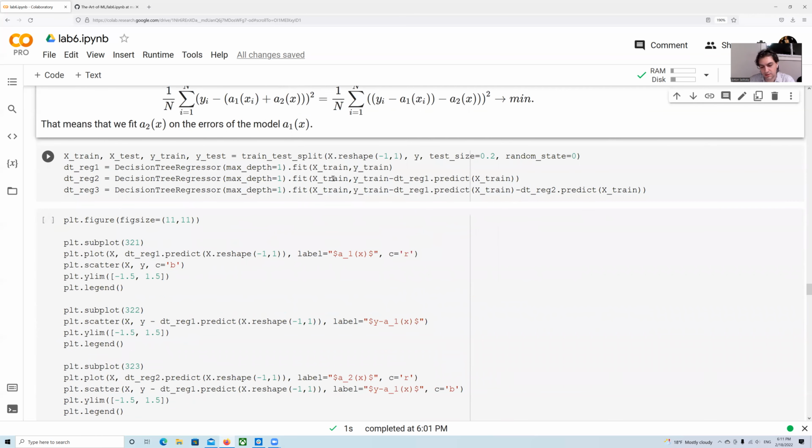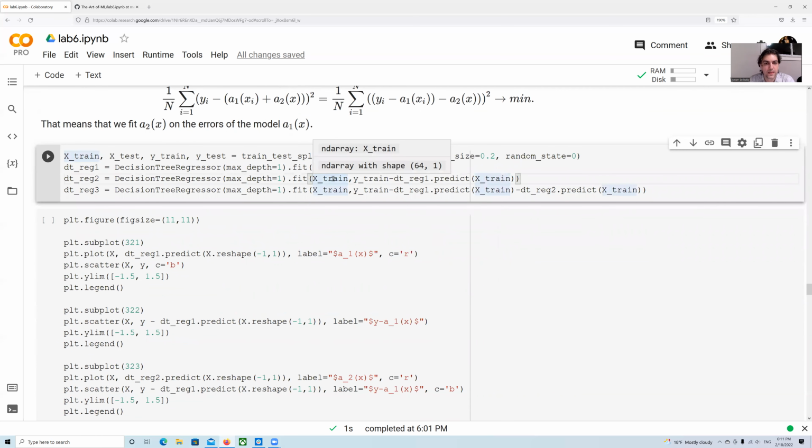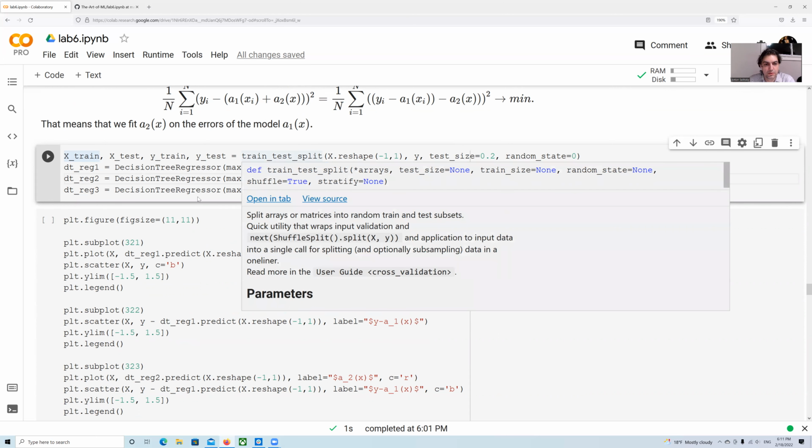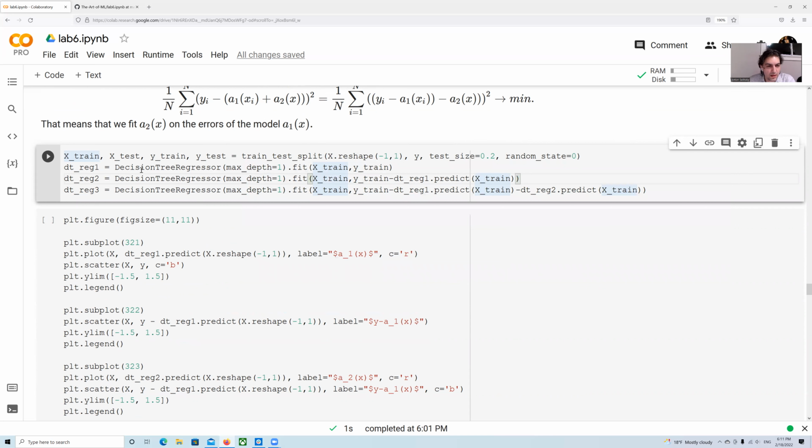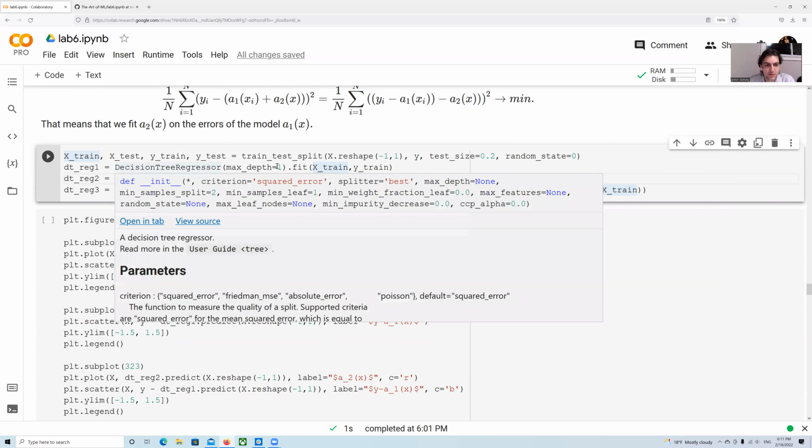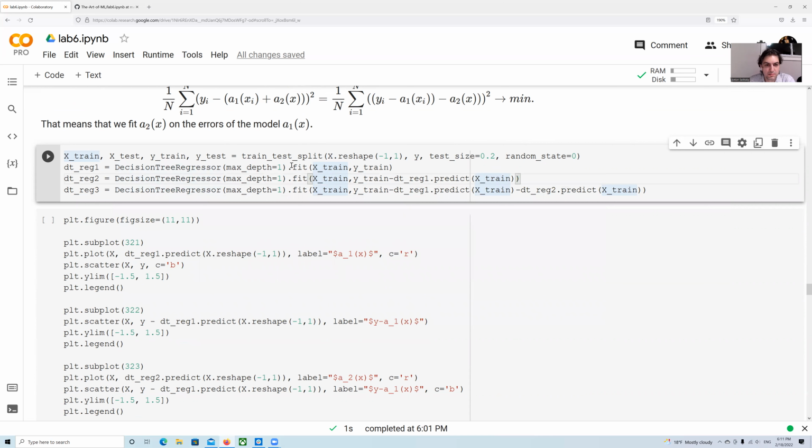Let's look at an example of such an approach. So I created three decision trees of depth 1, which is called a decision stump.